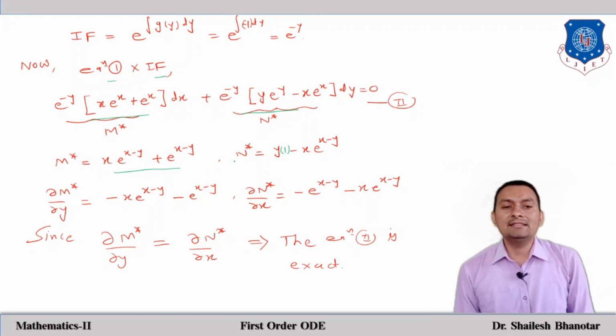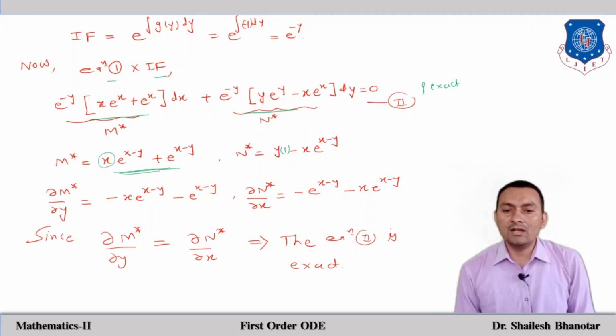Now let us check that this differential equation is exact. So in that case I have to find del M star by del y. Let us see this step. Del M star by del y, that means x is going to be constant, so I have written constant. This is a function of x and y, but y is there, so we can differentiate with respect to y.